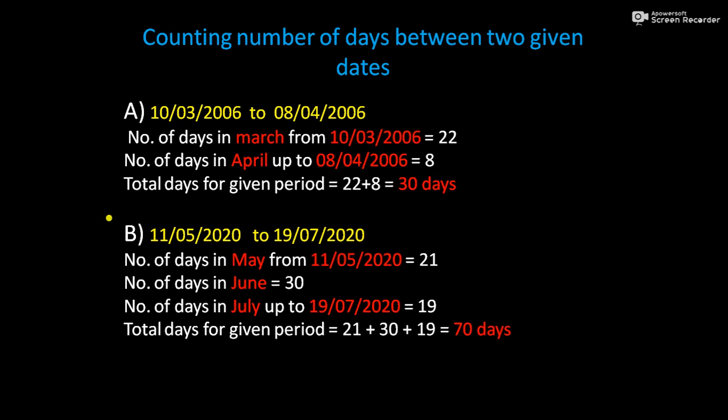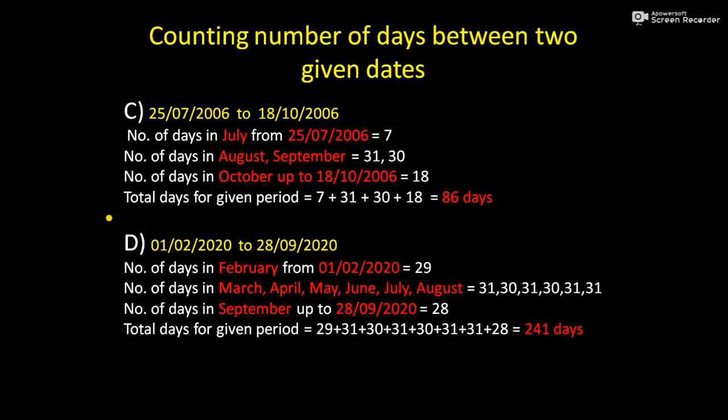Now coming to a few more examples. You see here we have example C, 25th July 2006 to 18th October 2006. Here this is our starting date. The number of days from this date to 31st July is 7 days. Then the months in between July and October are August and September.